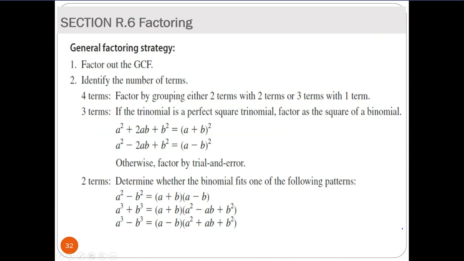Now we have the factorization. Before we study the fraction and how we can divide two polynomials, we must learn to factorize the polynomial.